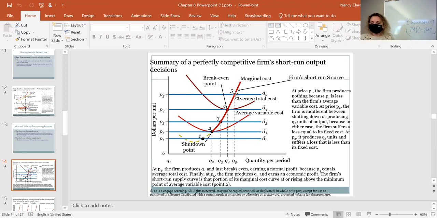Points 2, 3, 4, and 5 lie along your MC. So does 0.1, but you're not willing to produce down there. So that's not part of your supply curve. But when you are given a price and then you determine the quantity at which you profit maximize at that price, that's your supply.